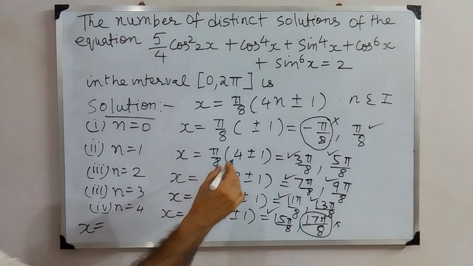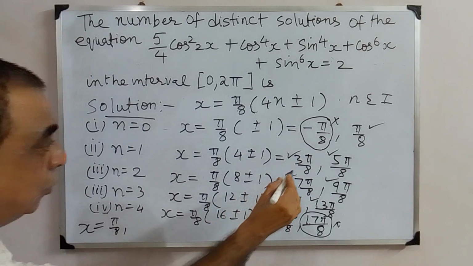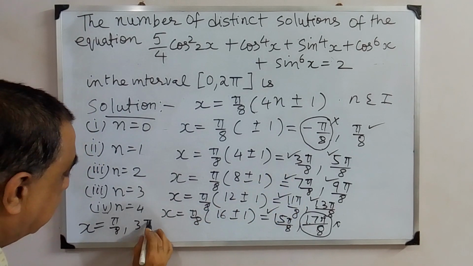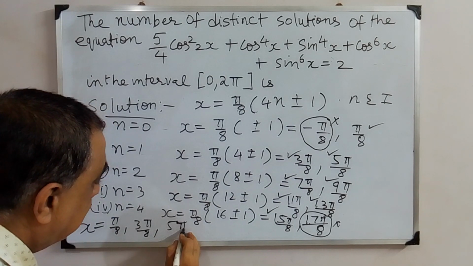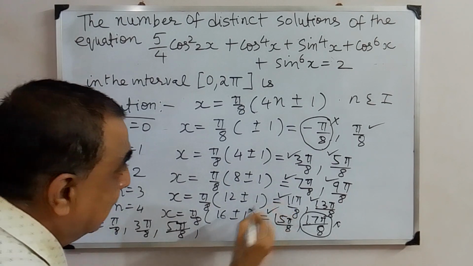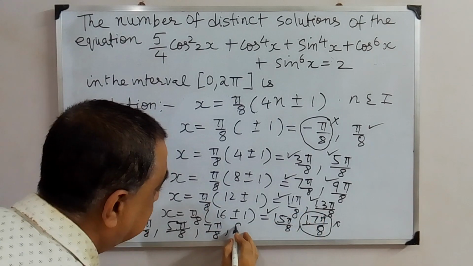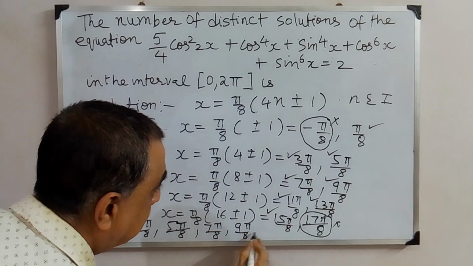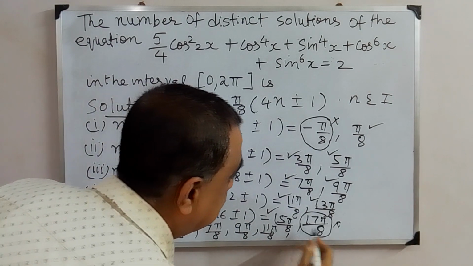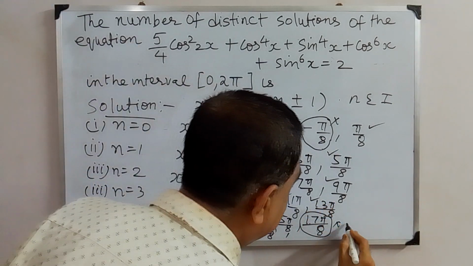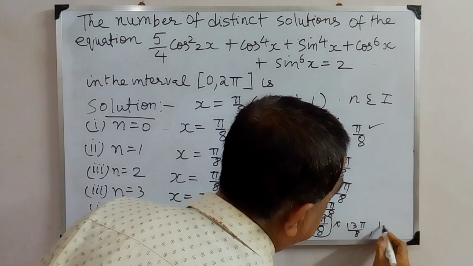So what are the values of x which satisfy this interval and the given equation? These are the values of x: pi by 8, 3 pi by 8, 5 pi by 8, 7 pi by 8, 9 pi by 8, 11 pi by 8, 13 pi by 8, and then 15 pi by 8.